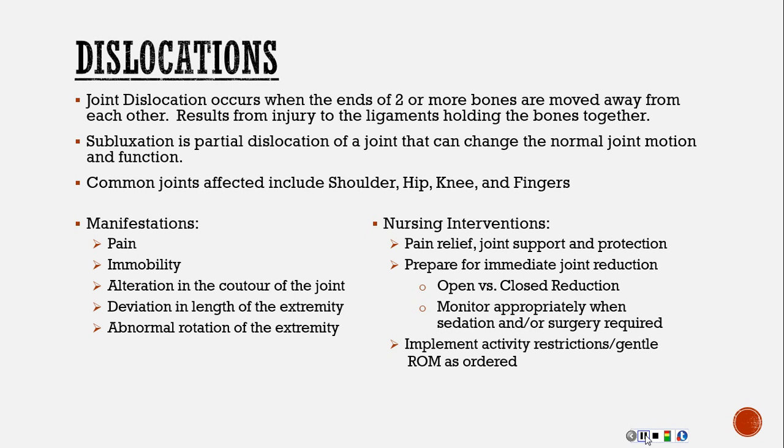But pain relief is going to be a big priority, and joint support and protection. You want to immobilize. If a patient has a separated shoulder or even some kind of joint issue, immobilize until they can figure out what's going on with it. Patient comes in complaining of a shoulder injury, you're not going to move them around or guide them with that arm. You immobilize until they can actually get a look at it.